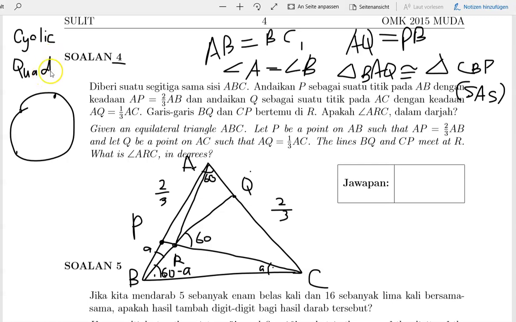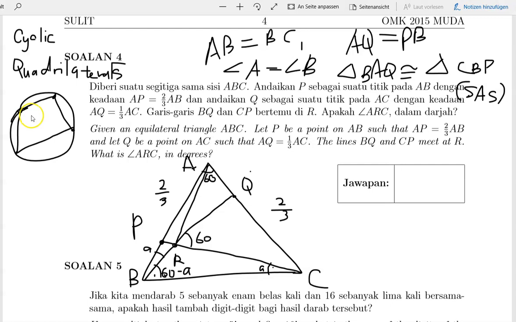Basically, a cyclic quadrilateral, a quadrilateral meaning a shape with four sides, is one which can be inscribed within a circle, meaning all the vertices of this quadrilateral touch the circumference of the circle.